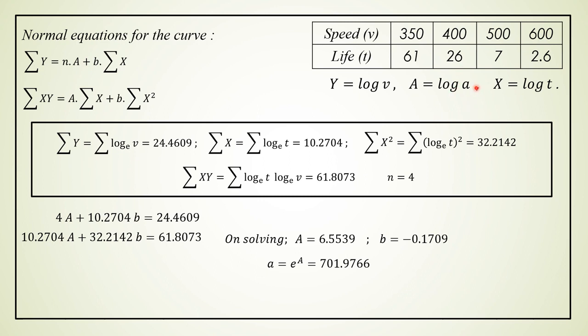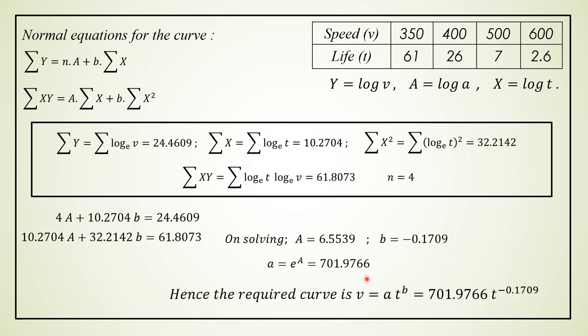Therefore, the small a can be written as e to the power capital A, which is equal to 701.9766. Therefore, the required curve V is equal to A into T to the power B, where A is 701.9766, that is 701.9766 into T to the power minus 0.1709. That completes the problem.